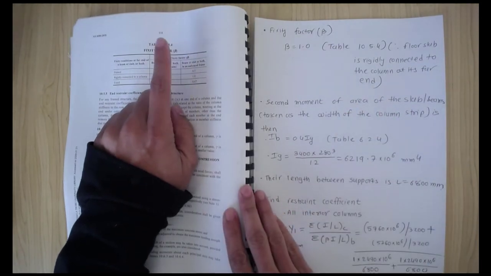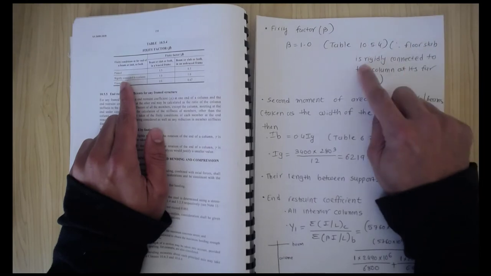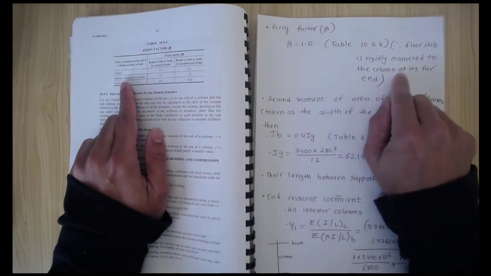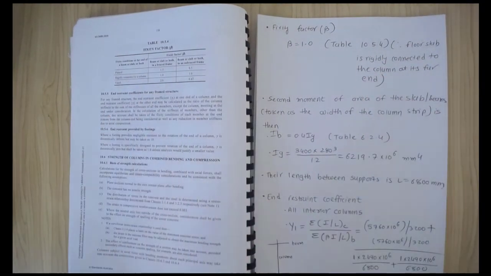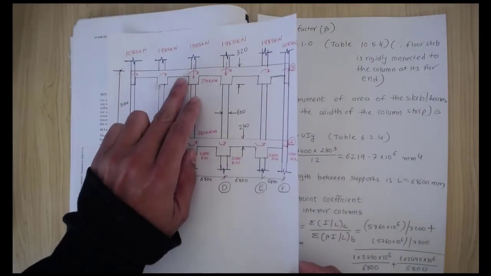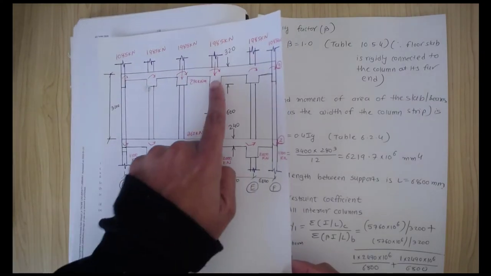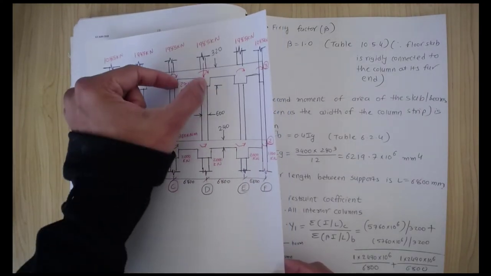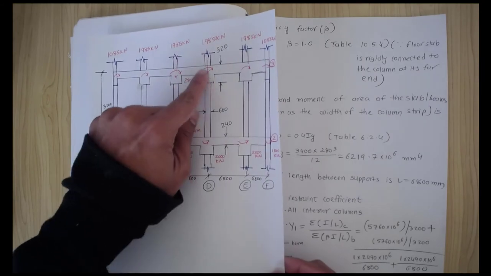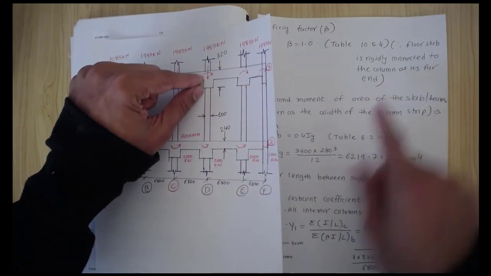The fixity factor is denoted by beta. Now the floor slabs are rigidly connected to the column at the far end. You can see in the frame that floor slabs are rigidly connected. If you are talking about this beam and these columns, this is the near end and this is the far end of the slab, rigidly connected to the column end.